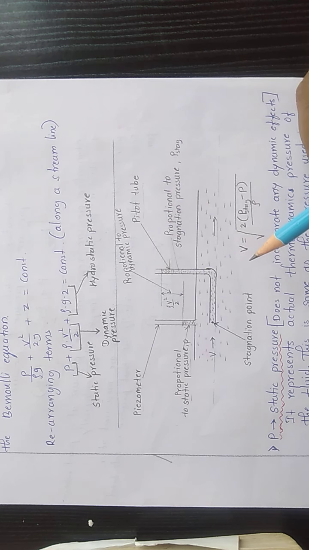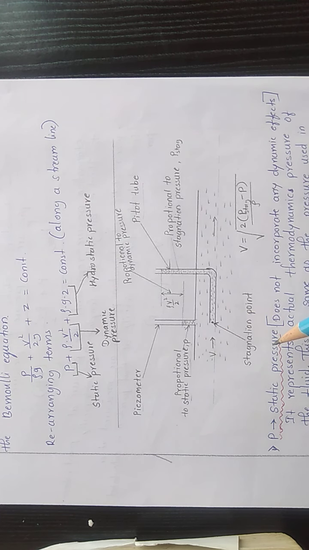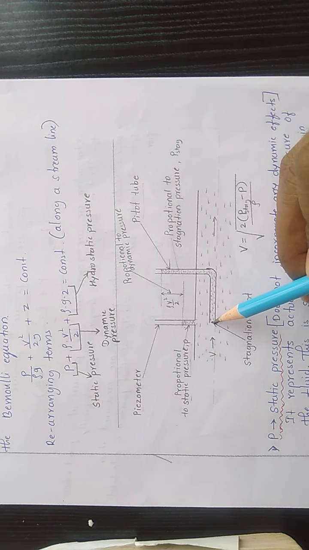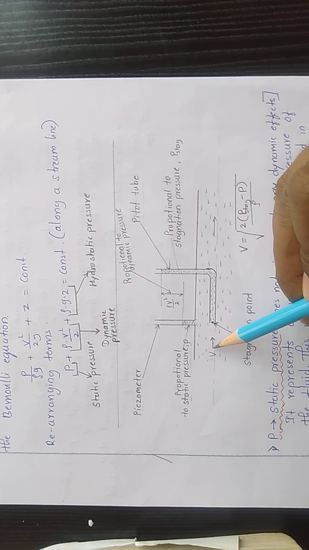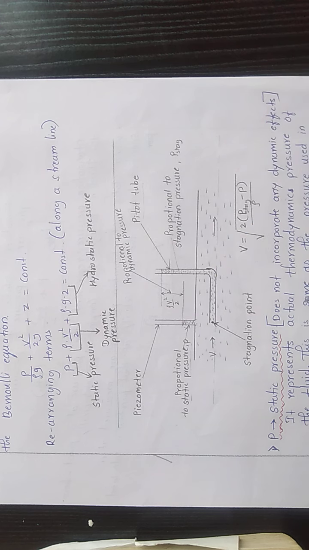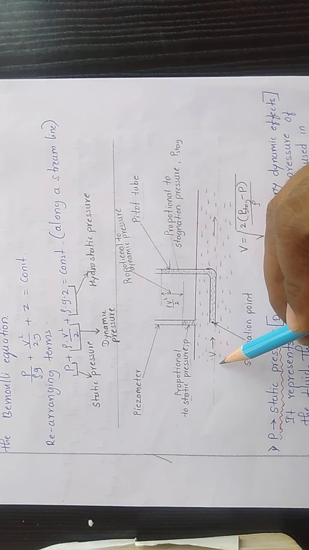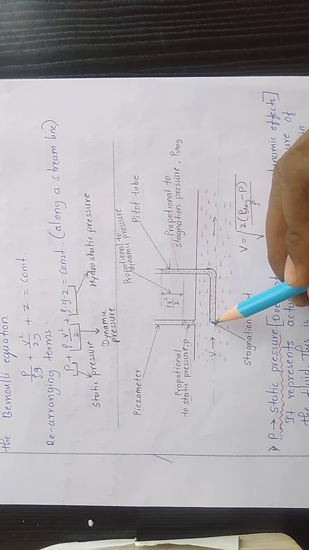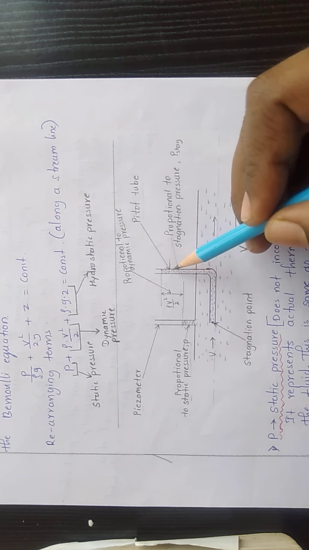So what is that? When the fluid is flowing with some velocity and comes near the pitot tube, its velocity is reduced. Its velocity becomes 0. Initially it has some velocity, and since there is a very small opening, initially the fluid will rise.